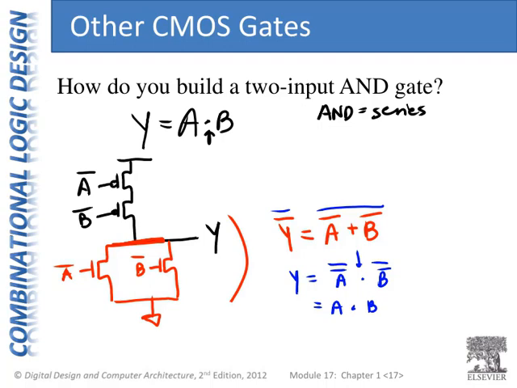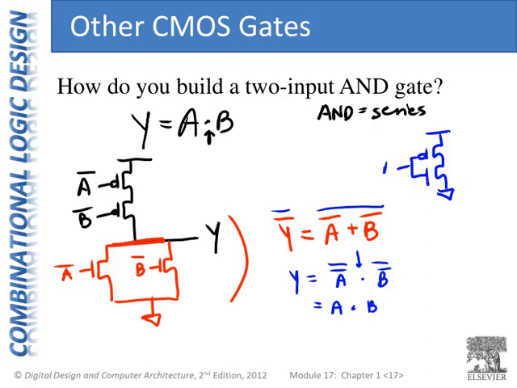But the thing that's hiding behind this is A bar and B bar aren't free. So we have the true versions of inputs, but in order to get the complement version of our input signals, we need to have inverters. So for this, we would need to have an inverter. Remember, that's what our inverter at the transistor level looks like.